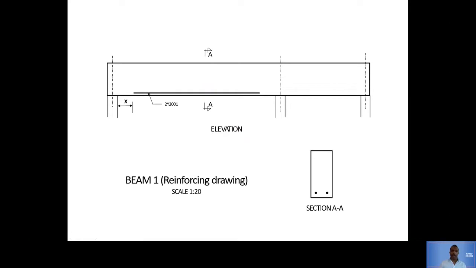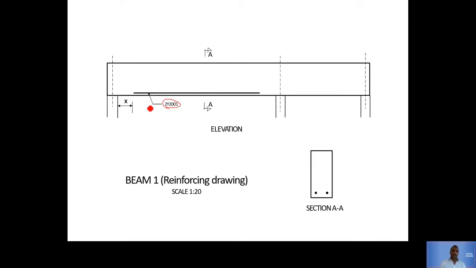And then what we're going to start with is the reinforcing, the main bar. Don't worry about the naming of it. We'll get to that when we speak about the bending schedule.